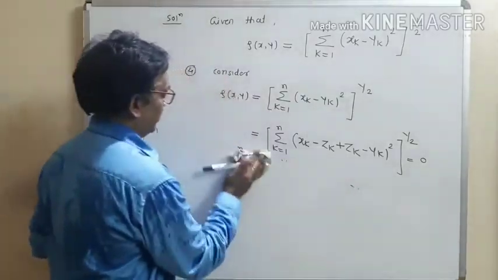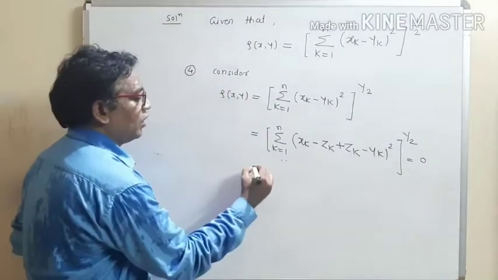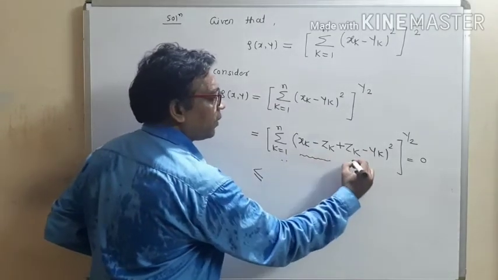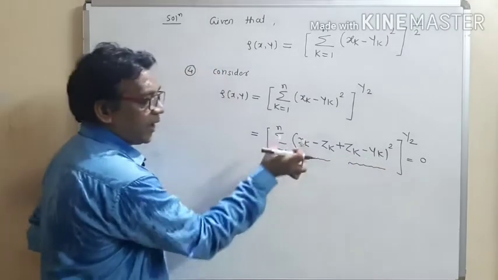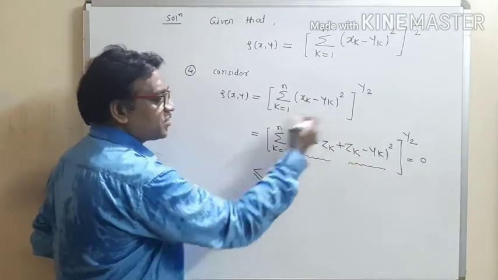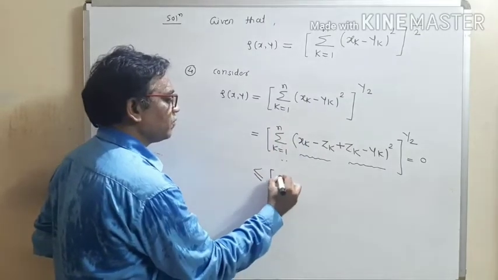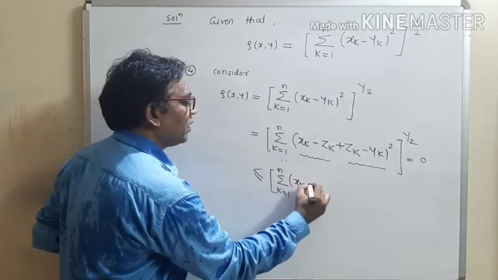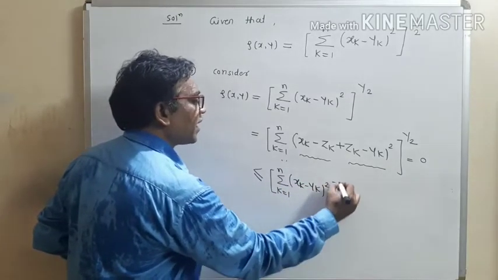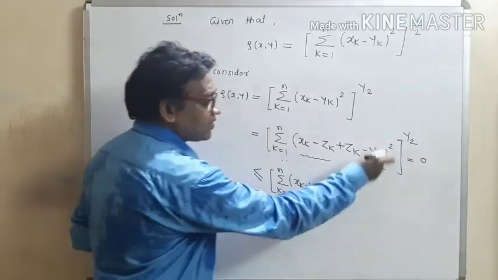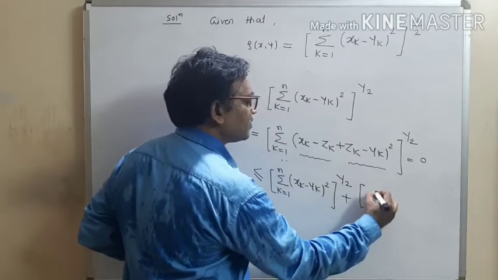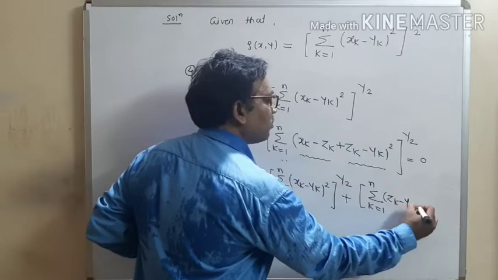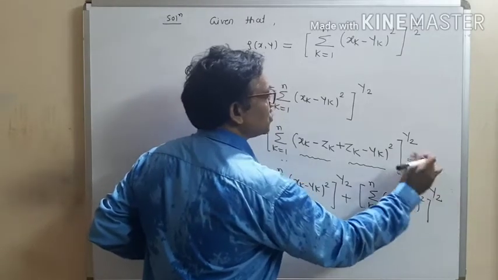So write down, this is less than or equal to, now this is our first term plus this is our second term, ak plus bk bracket square. So just separate this term. This is summation k varies from 1 to n, (xk minus zk) bracket square raised to 1/2, and separate this second term, plus summation k varies from 1 to n, (zk minus yk) bracket square raised to 1/2.